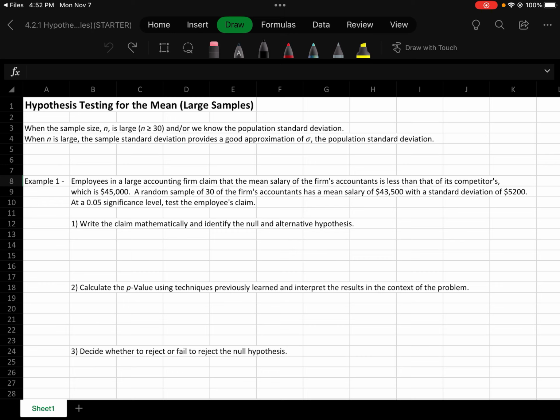So we take samples to draw that picture of the larger population. So we're usually given the sample standard deviation, and if n is greater than or equal to 30, then we can say that the sample standard deviation provides a good approximation of the population standard deviation. And that's what we're going to be doing for a lot of these problems.